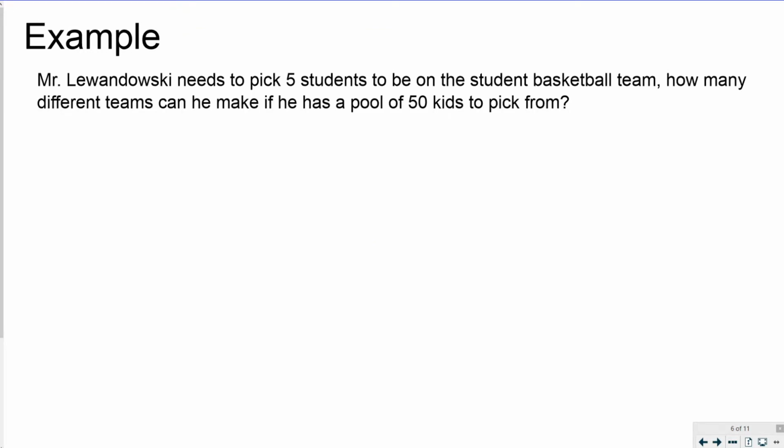So let's just dive straight into some examples. Mr. Lewandowski needs to pick 5 students to be on the student basketball team. How many different teams can he make if he has a pool of 50 kids to pick from? So you've got n equal to 50. You have 50 kids, and you are selecting 5 at a time for the team.